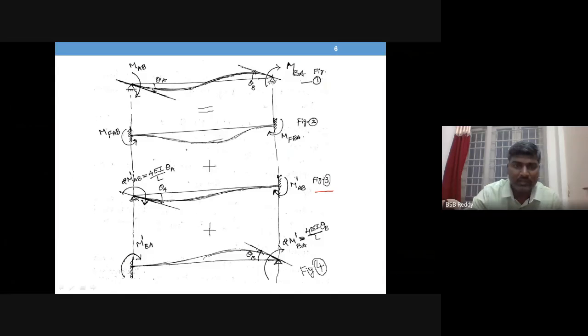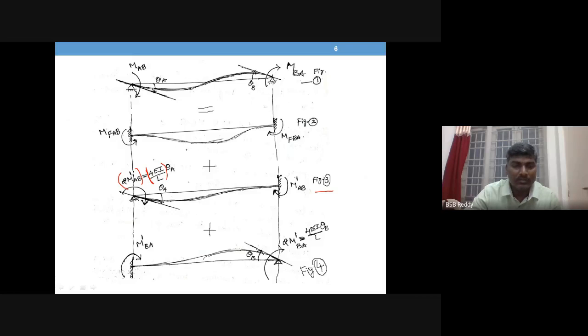From figure 3, what is 2 times M dash AB value? It is like a stiffness value, 4EI by L from stiffness. This is the rotational stiffness of the member. M by theta is stiffness, so M is equal to stiffness into theta, K into theta.